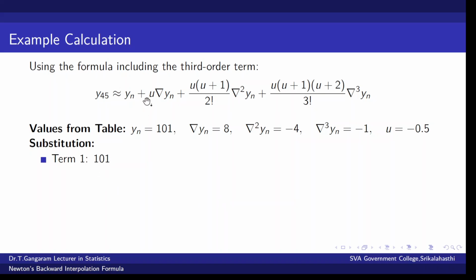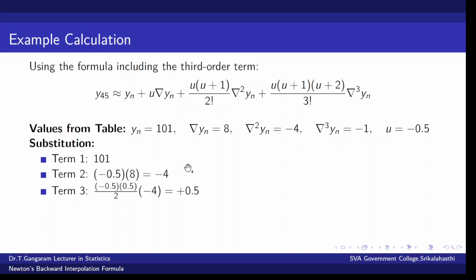Term 1 is 101 directly from the table. Term 2 is u, which is minus 0.5, into Δyn, which is 8, so this is minus 4. Term 3: we need to calculate term by term. u is minus 0.5, minus 0.5 plus 1 is equal to 0.5, divided by 2 factorial, into minus 4, which is nothing but plus 0.5.